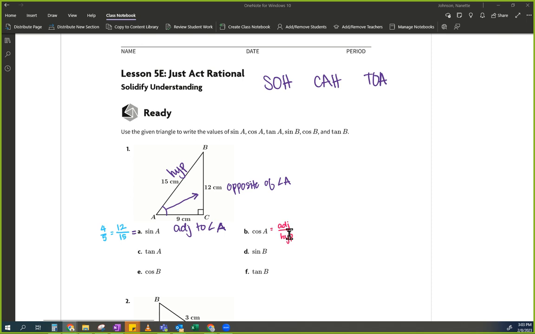Once it's in, I already know this, I don't write it anymore. I'm using this to remind myself of that answer so I don't have to keep referencing it back and forth, because during a quiz or a test, that's a lot of time to be looking up stuff, right? So I'm looking for A's adjacent and the hypotenuse. What did you all get for adjacent over hypotenuse?